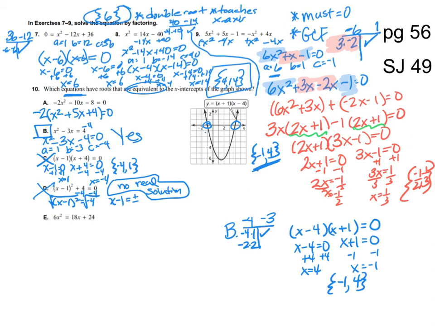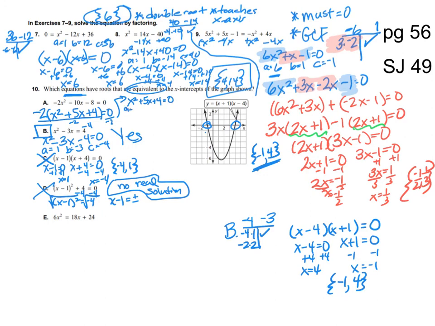I can go ahead and divide both sides by -2 because I'm solving. I can't do this if I was just factoring. What would be left is x squared plus 5x plus 4 equals 0.